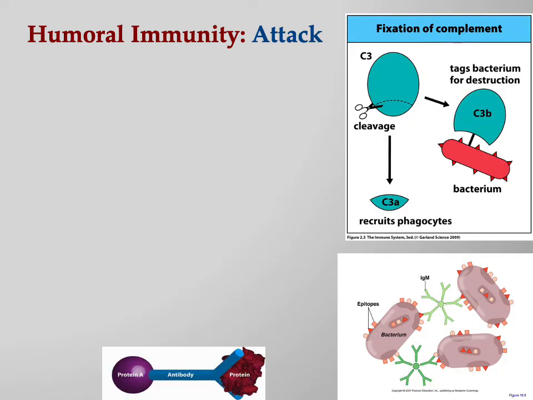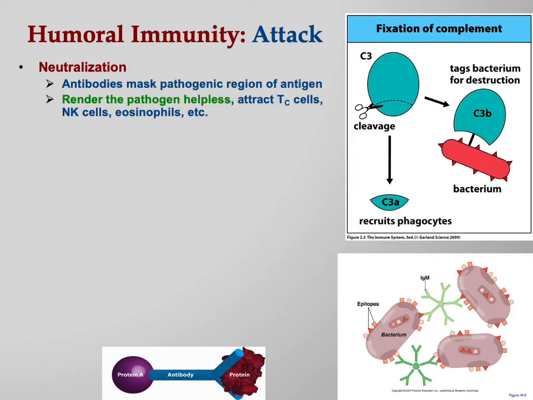All right, so what happens in terms of attacking? Antibodies, as I said, mask the pathogenic region of the antigen. They render the pathogen helpless, and then they attract cytotoxic T cells, natural killer cells, eosinophils, whatever, okay? So you see in the upper diagram there, there are complement proteins tagging them as well, all right?